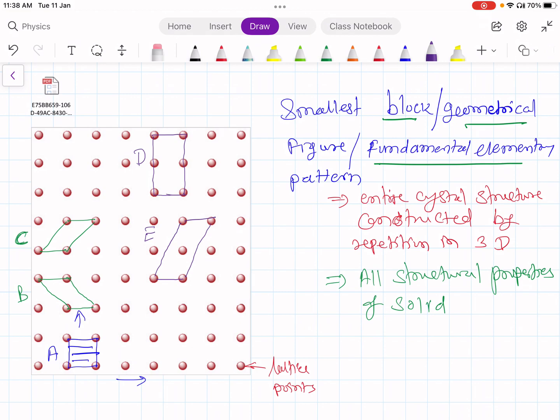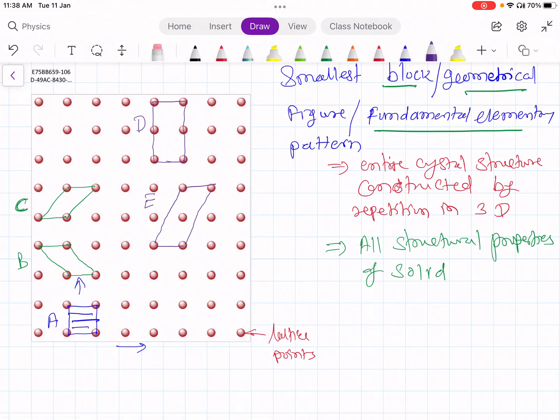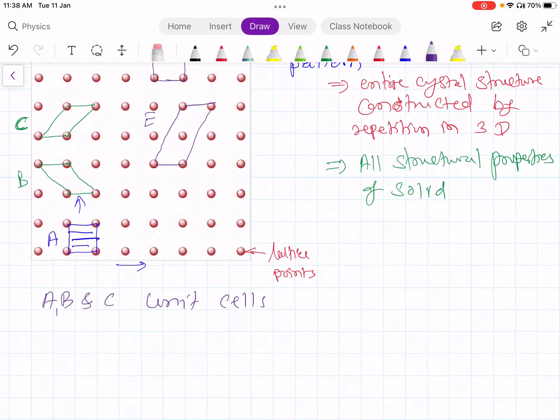As you can see in this diagram, I have shown two types of unit cells. A, B, and C are one type. For these unit cells, you can clearly see that lattice points are located at the corners of the unit cell.